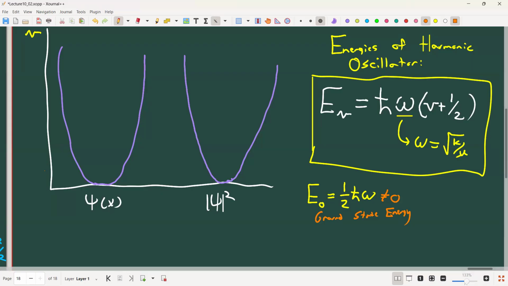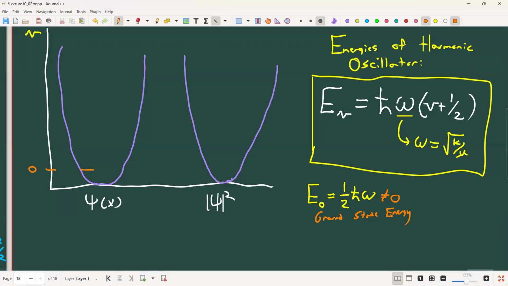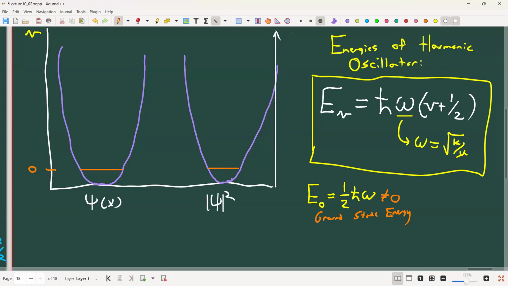Okay, so if I put over here 0 for v, I have an energy level here. Okay. And on the other graph, I'm going to put another axis here. Then this will be energy instead. And that is at h bar omega over 2.